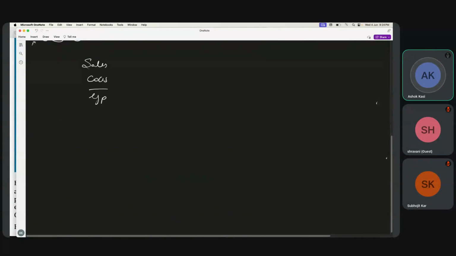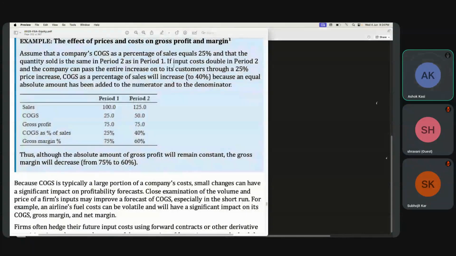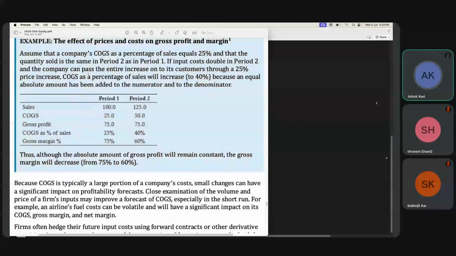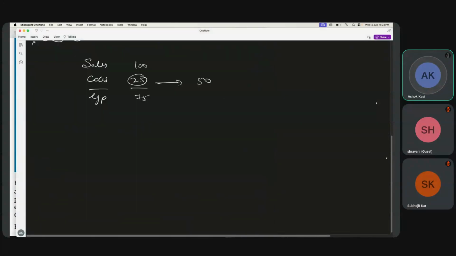So cost of goods sold is 25%. That means if sales is 100, cost of goods sold will be 25% of that. If input cost is double in period 2, that means this is doubling to 50. And the company can pass the entire increase to its customer through a 25% price hike, because here it has gone up by 25. So here I'm passing on those 25 to sales. So it will become 125.